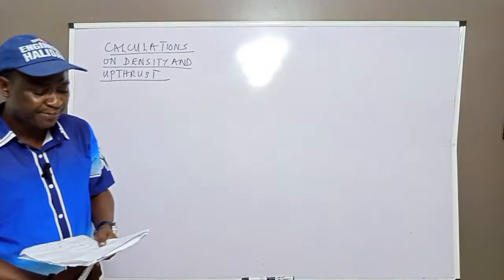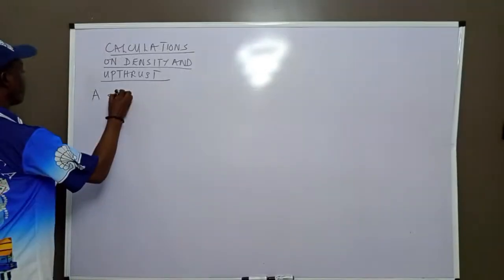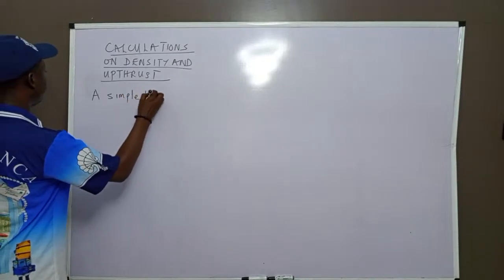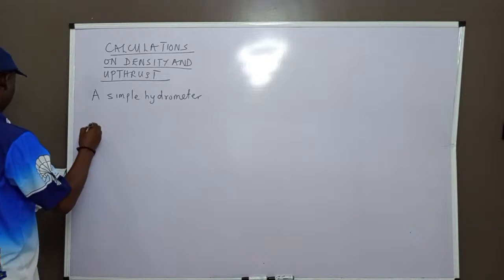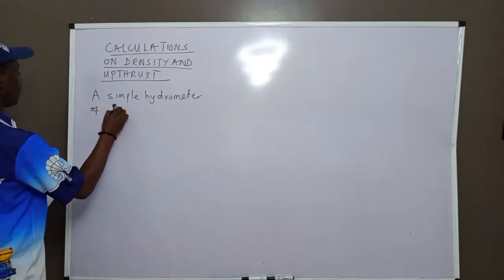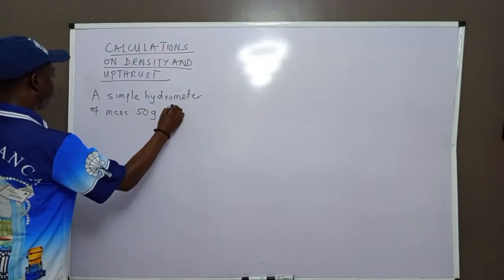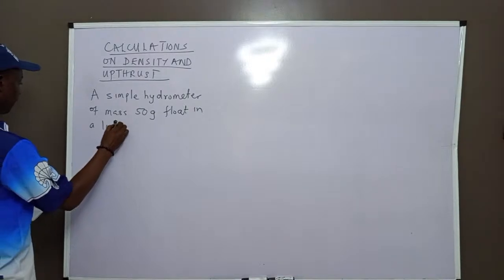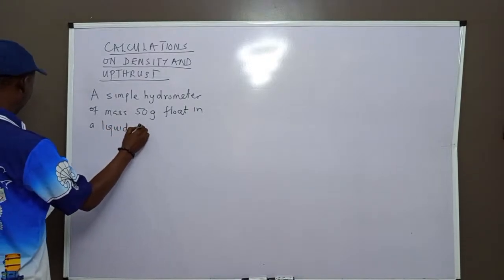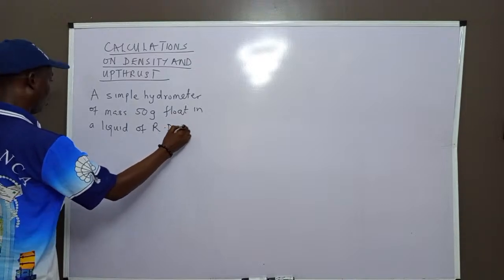This one said a simple hydrometer of mass 50 gram float in a liquid of relative density 1.4.